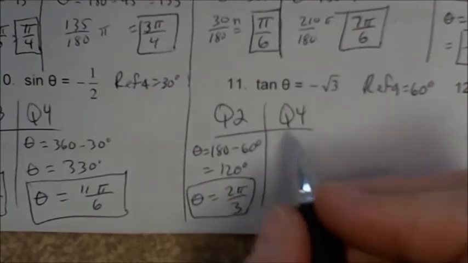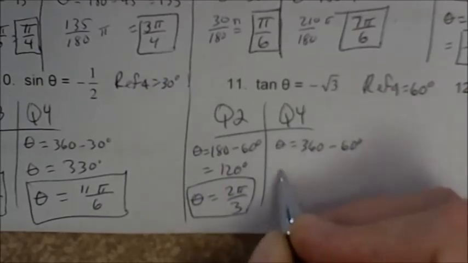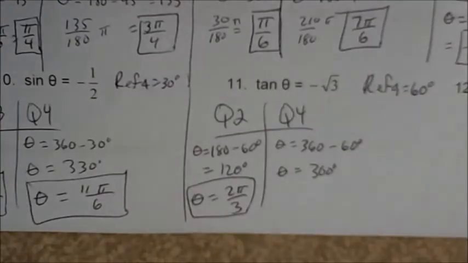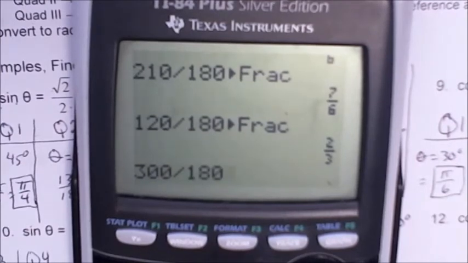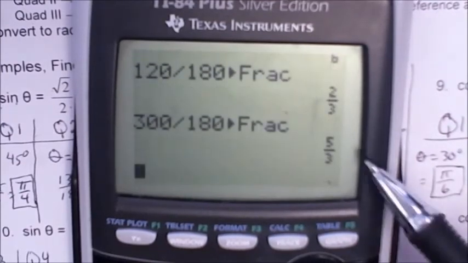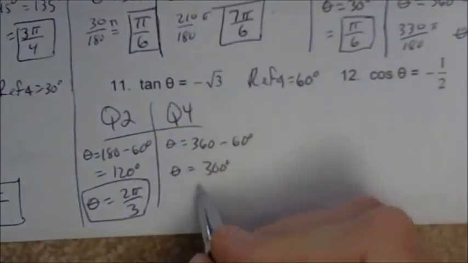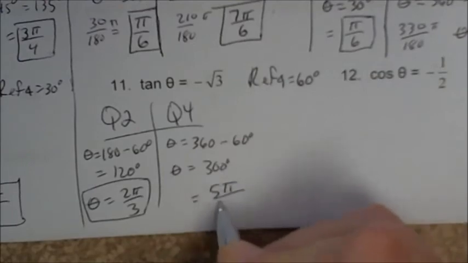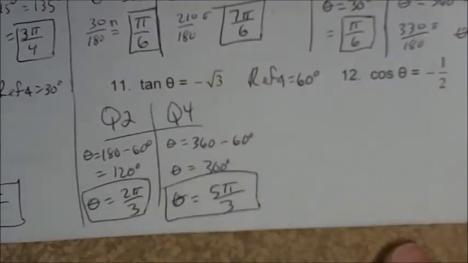And in quadrant 4, it is 360 minus the reference angle. 360 minus 60 is 300 degrees. And have we done 300 yet? I don't think so. So 300 divided by 180, math, frac, gives us 5/3. So our angle is 5 pi over 3. So there's our two values of theta, our two angles.